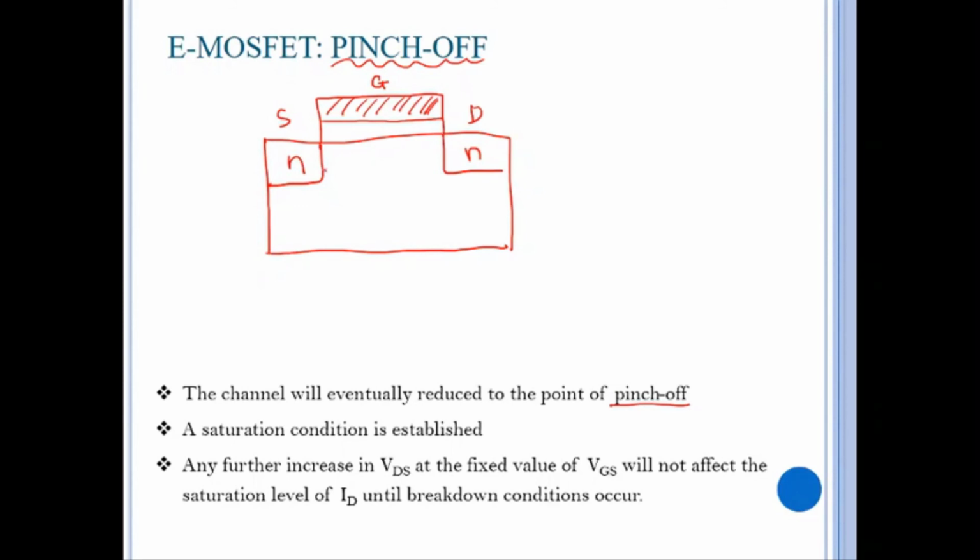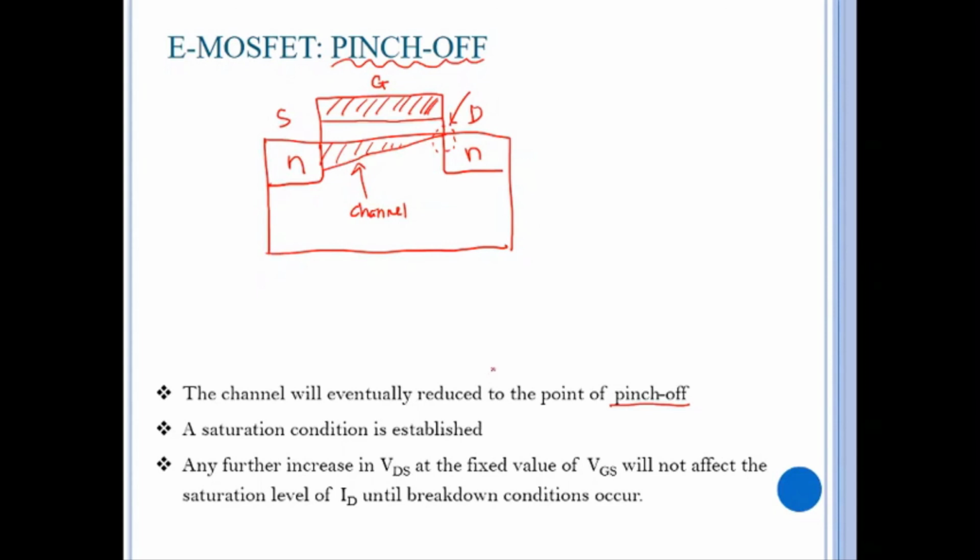So what happens if I draw the pinch off situation? The channel will look something like this. This is the channel. So you see here, at this point, the accumulated electron is almost 0. So this is the pinch off. It means that there is no induced channel at the drain end.